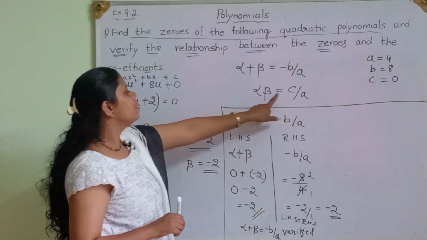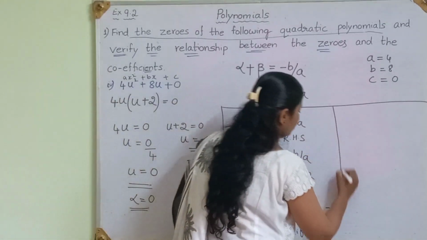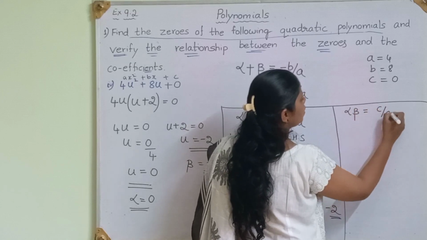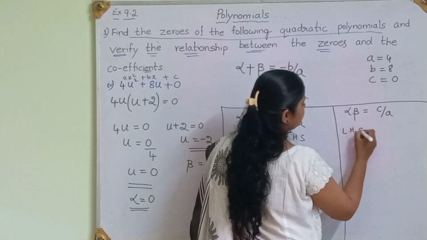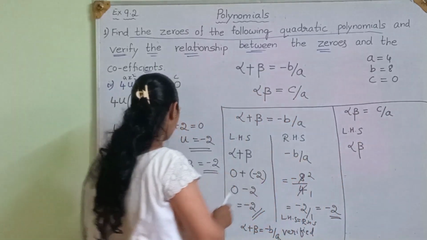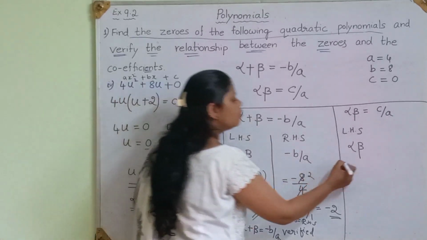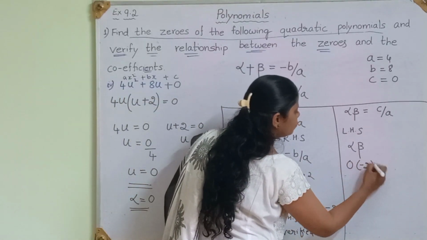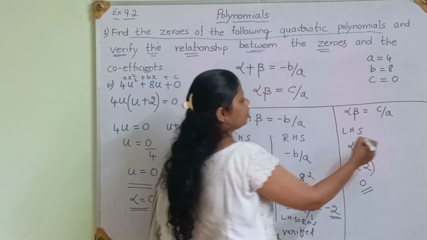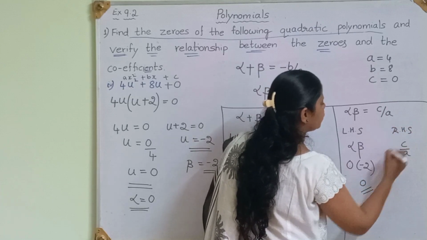Now we have to verify this formula, that is alpha beta = c/a. What is our LHS? LHS is alpha into beta. The value of alpha is 0, beta is -2. Therefore, 0 into -2 is what? 0 into anything is 0. Let me take the RHS, that is c/a.